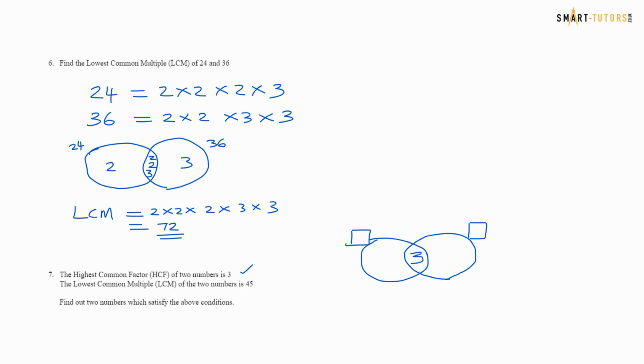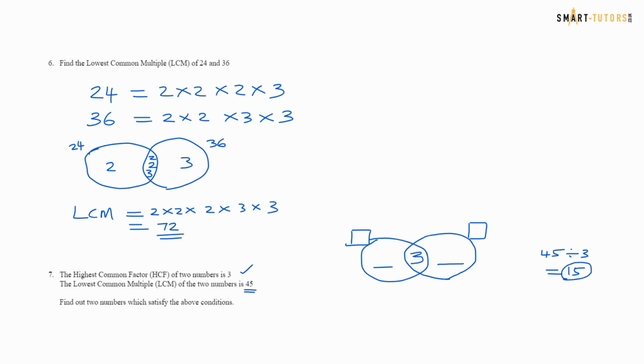And the lowest common multiple is 45. Lowest common multiple means this number times the middle number times this number, all multiplied together, is 45. I already know the middle number is 3. So if we divide 45 by 3, we get 15. What does that 15 mean?